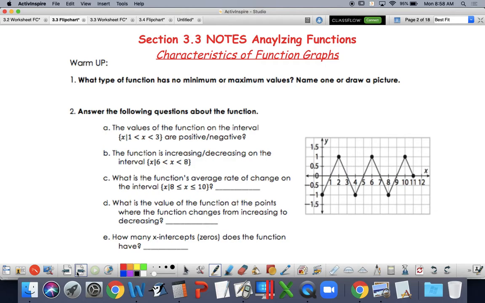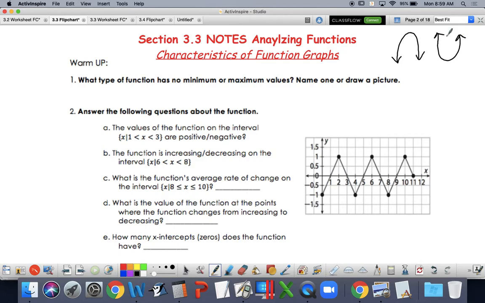All right, let's look at our warm-up question. What type of function has no minimum or maximum value? You can draw it, you can name it. What are we thinking? So we've studied parabolas, right? Parabolas can be like this or like this.